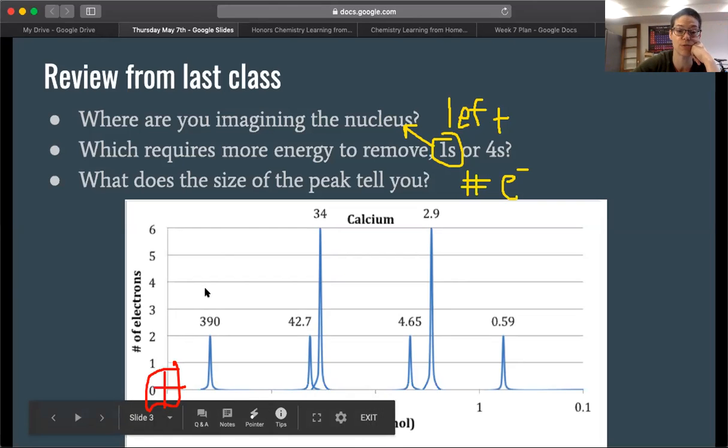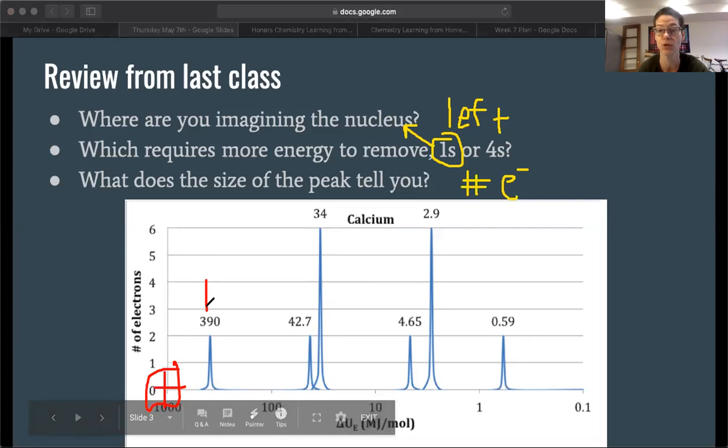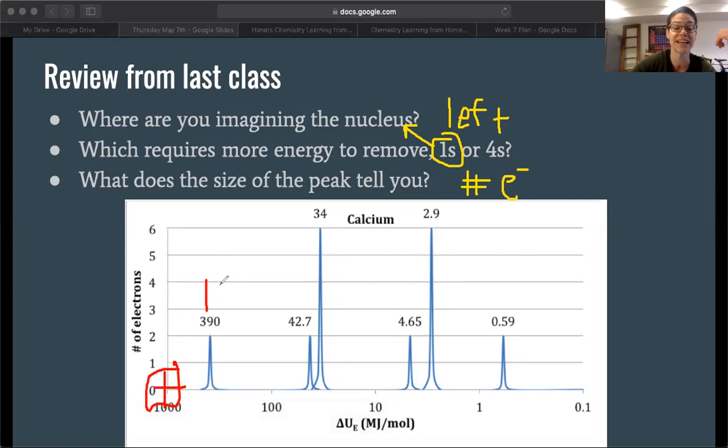So this first peak would clearly be 1 because it's closest to the nucleus. 1 only has an s. And the height of this line sets the height for 2 electrons. So that's 1s2.